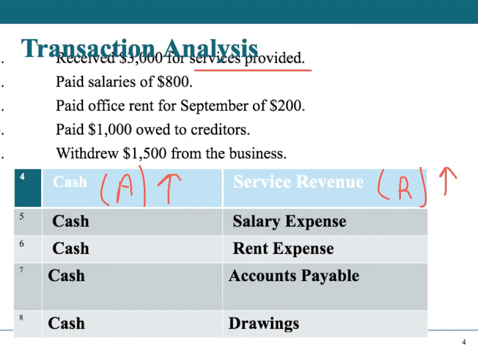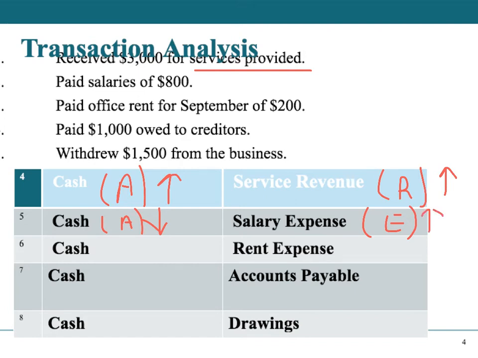Next one, paid office rent for September. So the month of September must have already passed, and we just spent, oh, I skipped one, sorry. Paid salaries, $800. So if we paid, our cash as an asset went down, and our expenses, and I'm very specific, I'm going to put it as a salary expense, actually went up.